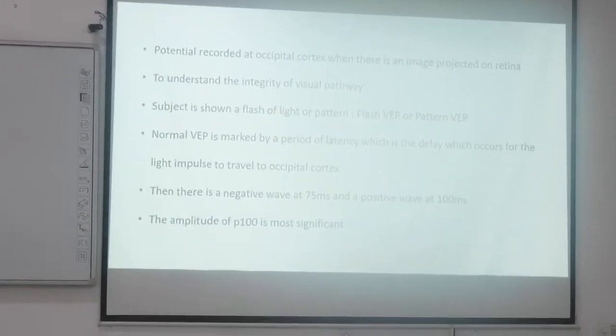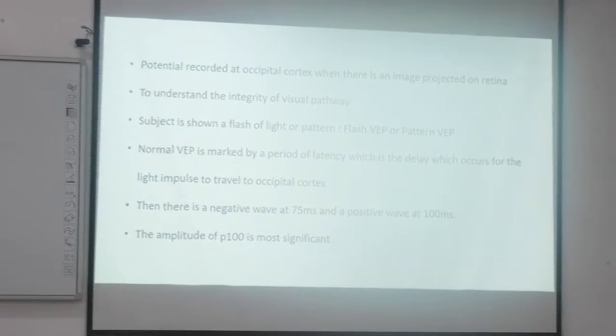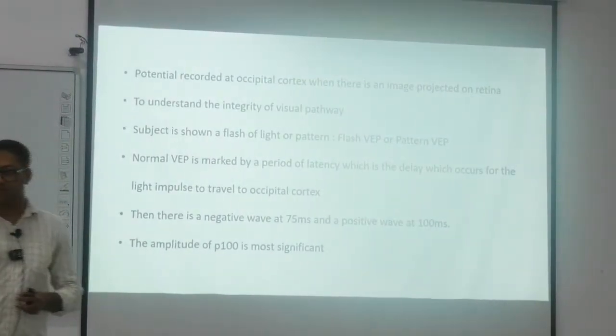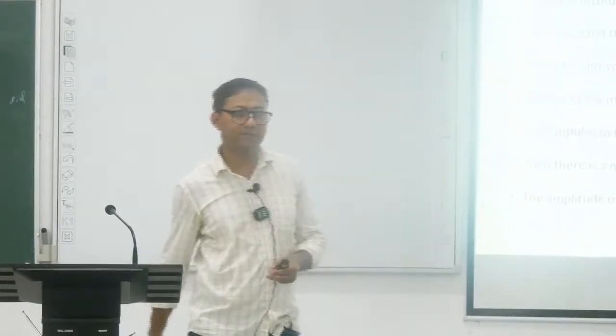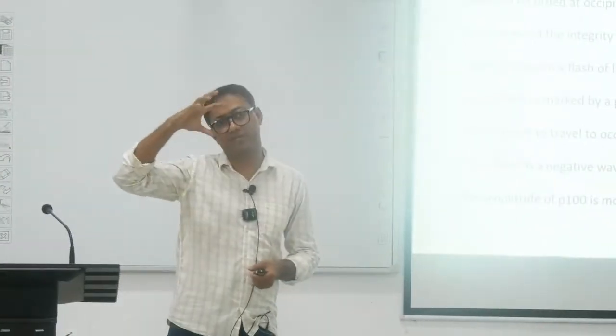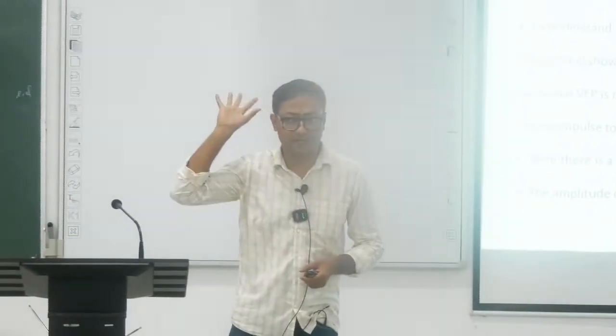Right? And the normal visual evoked response is marked by a period of latency. Okay. So you are showing some picture or pattern or flashlight in front of the patient's eye, and your electrode, which is capturing the signal, is placed over the occipital cortex, the back of the head, right?